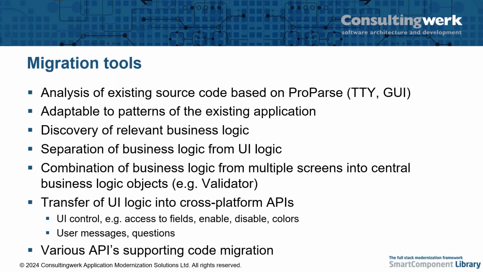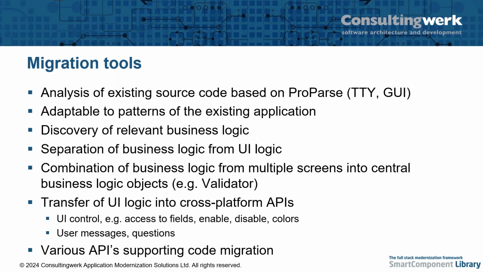These tools are adaptable, and they need to be adapted to the coding style used in the existing application. And then we are able to discover relevant business logic. We can decide, or make educated guesses: what is business logic? What is UI logic?